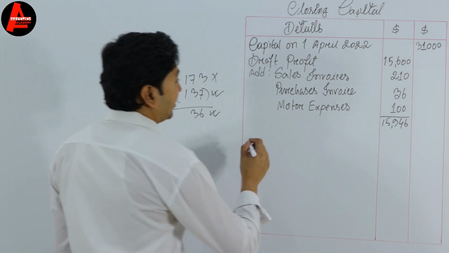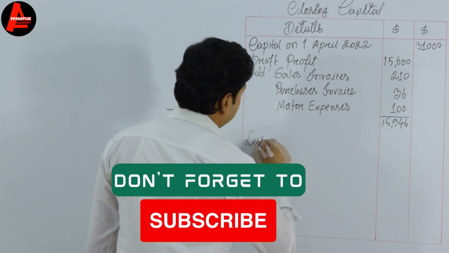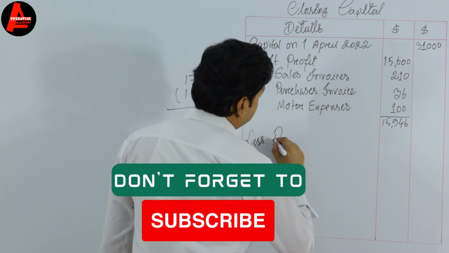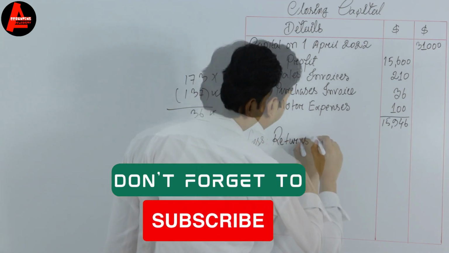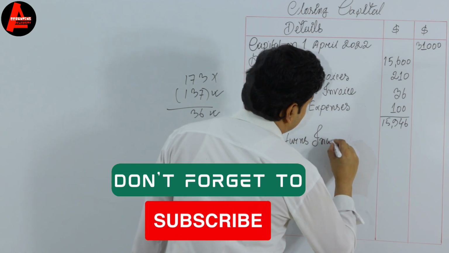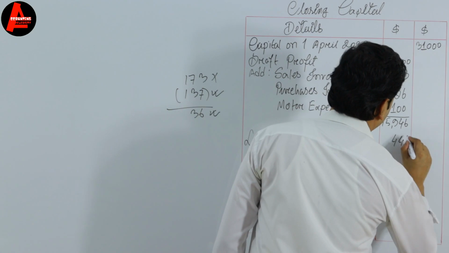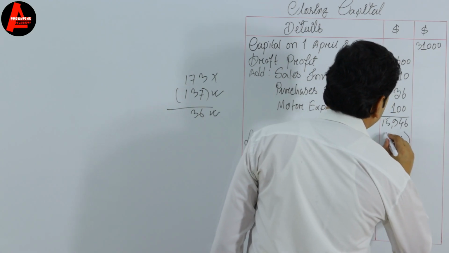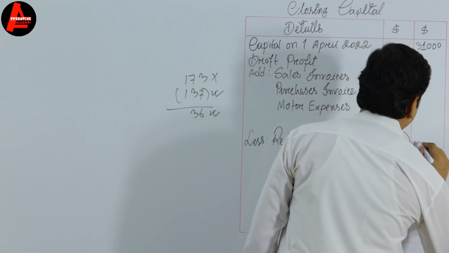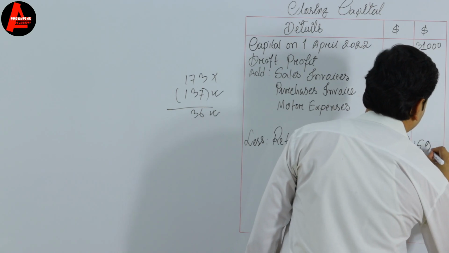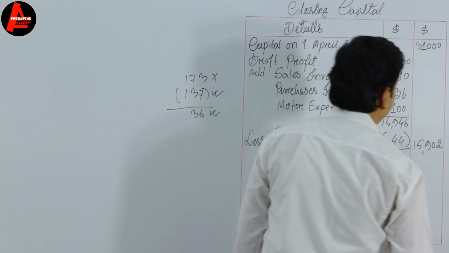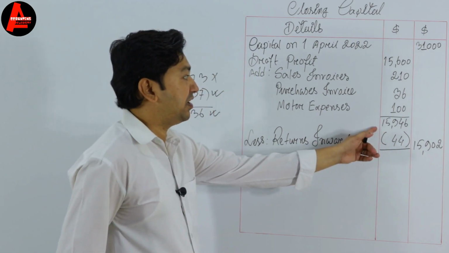Let us write here less returns inwards, $44. We subtract this amount, and here we get 15,902.